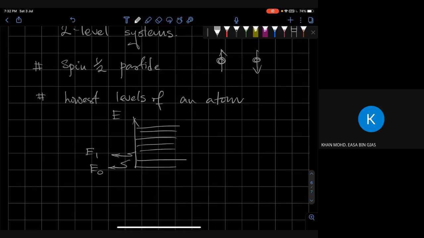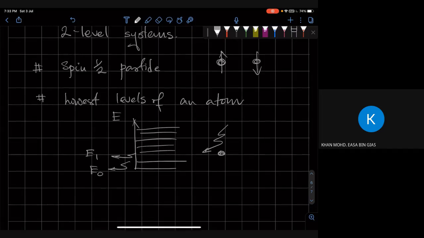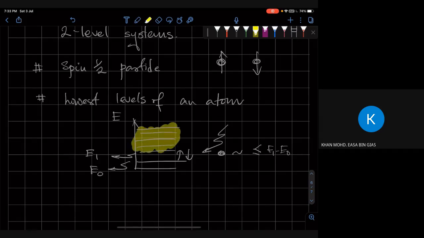And suppose that we can make sure that the energy of the photons coming into the system is such that the energy of the photon is equal to or less than E1 minus E0. Then the only transitions that will occur are between these two states, right? So all the higher states, we can ignore them for the time being. So this is another experimental realization of a qubit.